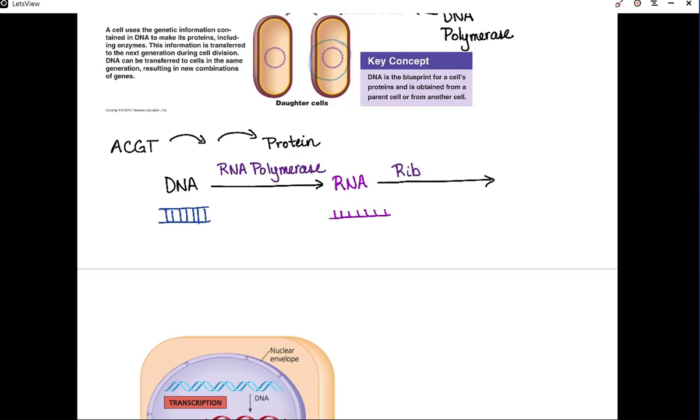Now ribosomes, yes, they are organelles, but they are also enzymes. And ribosomes are responsible for reading that RNA and translating it into a chain of specific amino acids. And each ball or pearl is going to be an amino acid. And so we call this a peptide or a polypeptide.